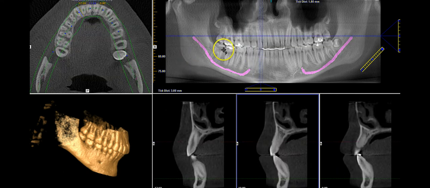And the other part I want you to keep an eye on here also is, remember we talked about the occlusion plane? So, it's pretty much a little bit above the occlusion plane. So if you're giving a block, in this case, right at the occlusion plane, the chances are you're going to miss it. So this patient has this mandibular foramen about 6 millimeters.